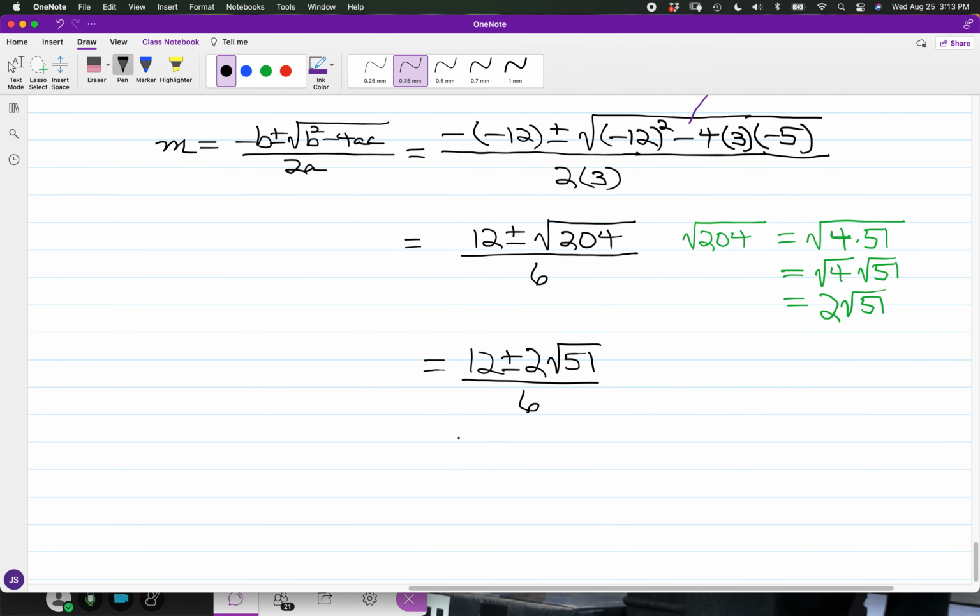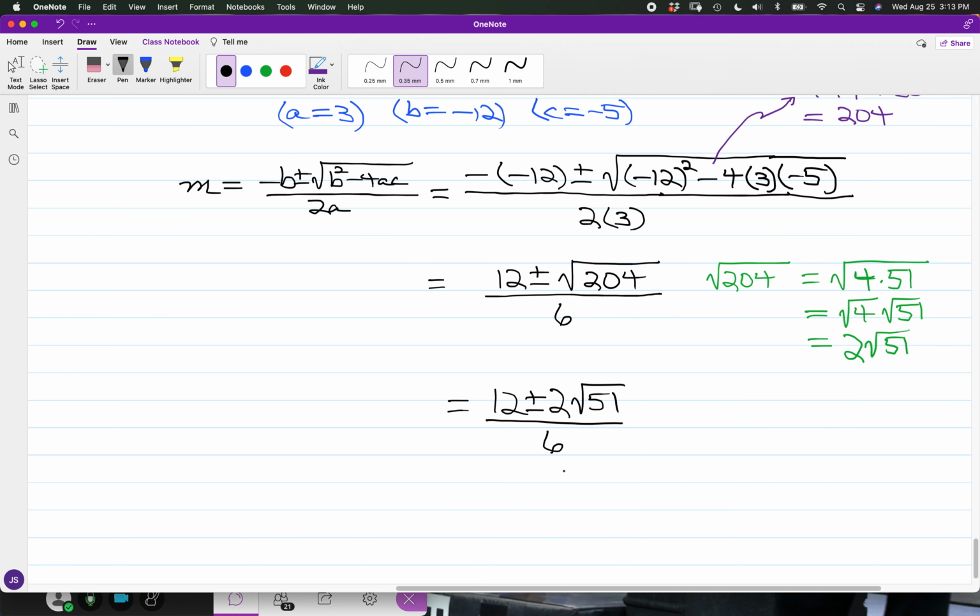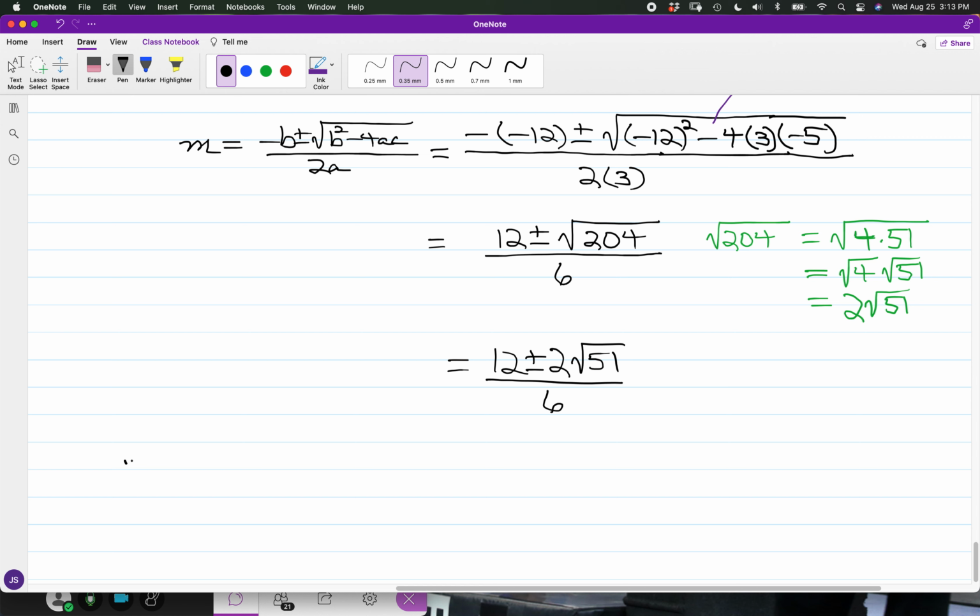And for what we have here, one way that you can reduce this, notice we have even number coefficients throughout. So if I factor out 2, 2 will go into 12 6 times.